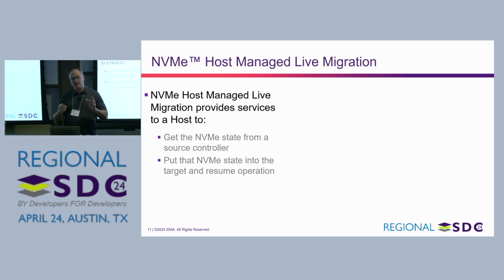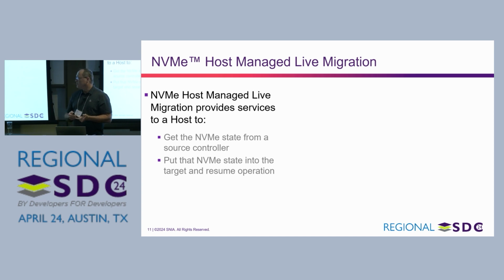It means I need to get the NVMe state associated with that VM I'm migrating and move it over. And that state has two things. It has the namespaces and it has the controller itself and the internal state of that controller. Then when you put that state in the other server, there have to be services to put that state in and to tell it to run from the state where it last left off.